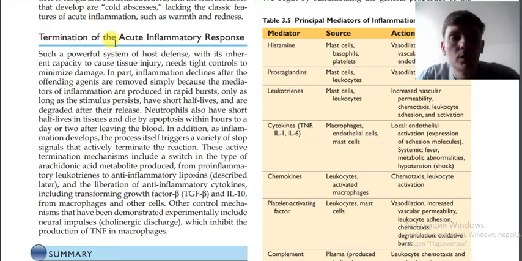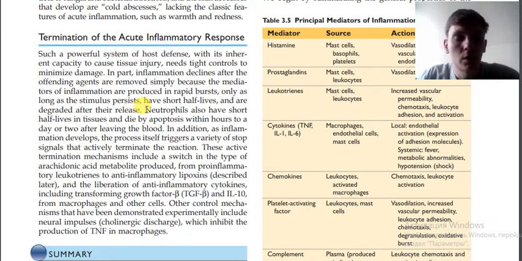Then, termination of the acute inflammatory response. Such a powerful system of host defense, with its inherent capacity to cause tissue injury, needs tight control to minimize damage. In part, inflammation declines after the offending agents are removed simply because the mediators of inflammation are produced in rapid bursts only as long as the stimuli persist, have short half-lives, and are degraded after their release.